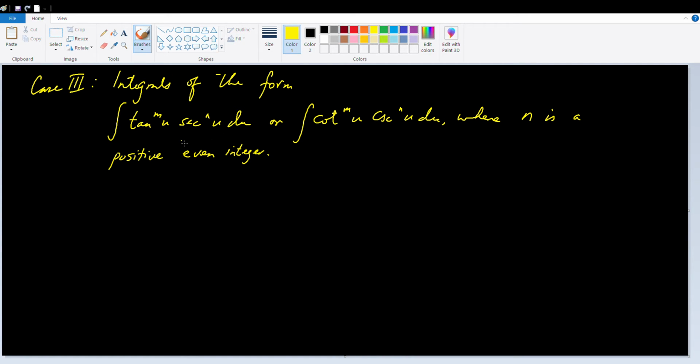In other words, the power of tangent or cotangent could be any rational exponent m.